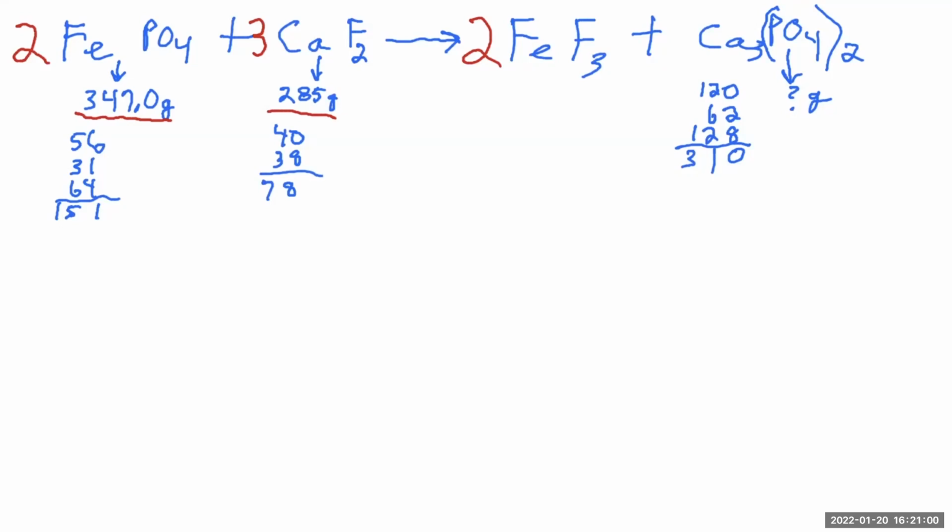So for iron 3 phosphate, we have 347.0 grams. And we know there's 151 grams per mole. That's going to get us moles.